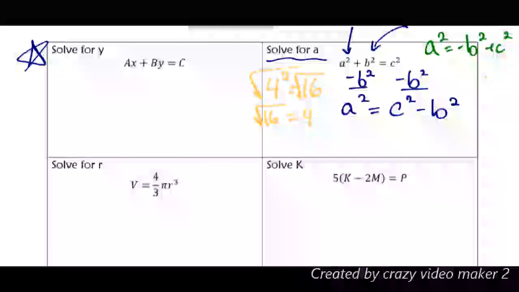So all I really need to do is square root that, and the square root symbol and the squaring cancel out, and it just leaves me with 4 using the exact same idea. I'm just square rooting the left side and the right side, the entire right side. Leaves me with a equals the square root of c squared minus b squared.